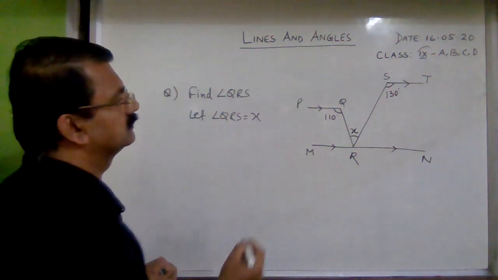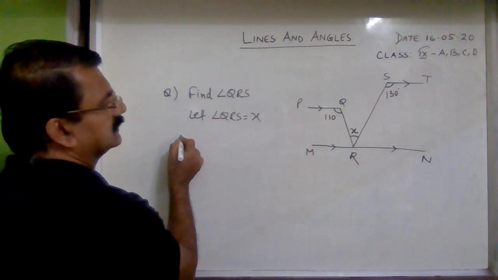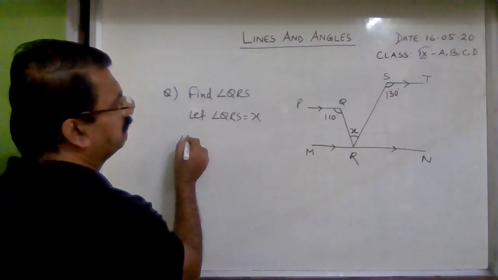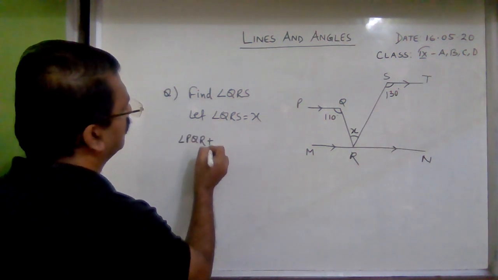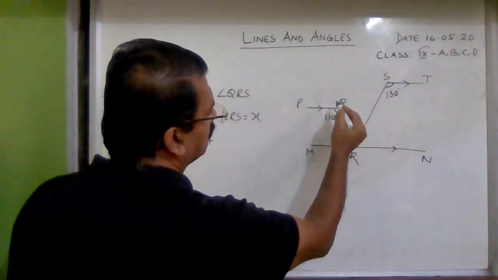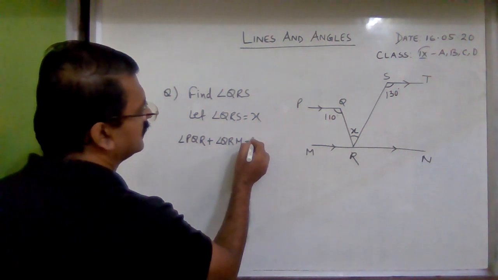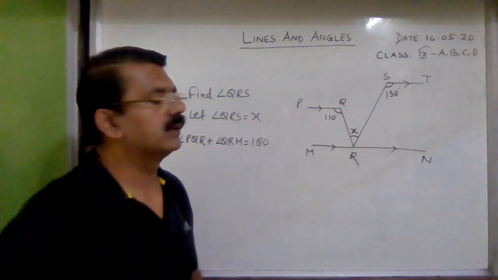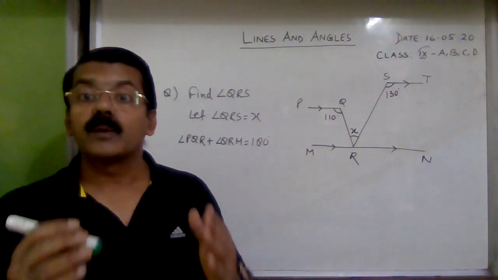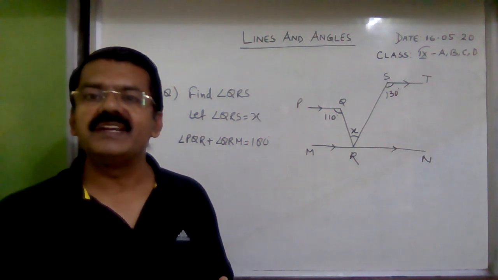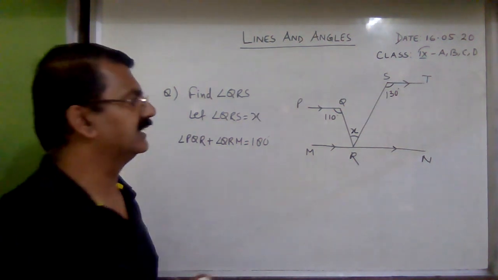Now you see, angle PQR plus angle QRM is equal to 180. Why? Because these two angles are co-interior angles, and co-interior angles are always supplementary.